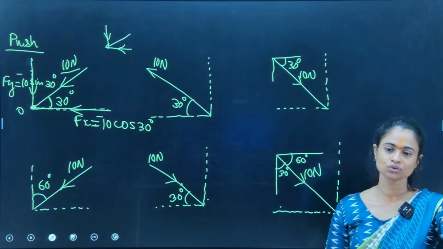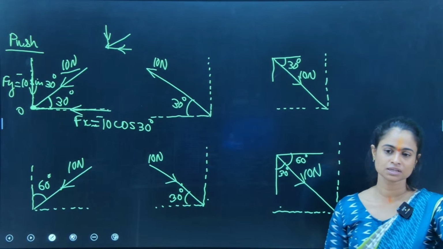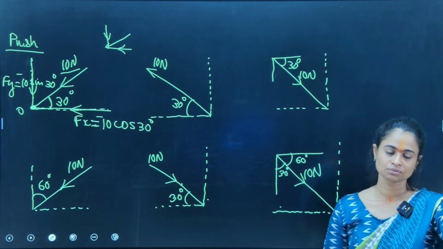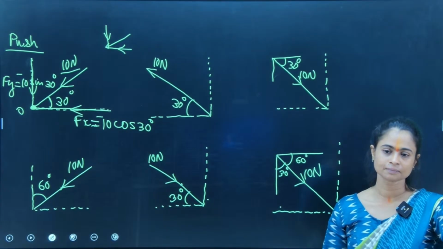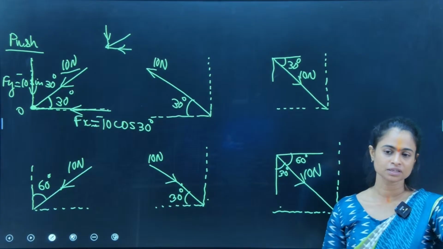While resolving, you have to keep two things in mind. The theta, whether it is with the horizontal or vertical, and the direction, whether the forces are positive. If they are acting rightwards and upward, take positive.